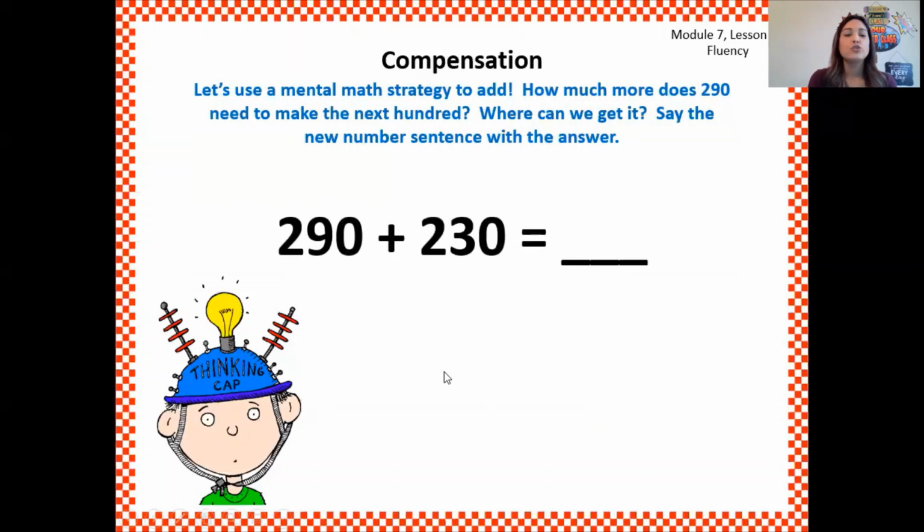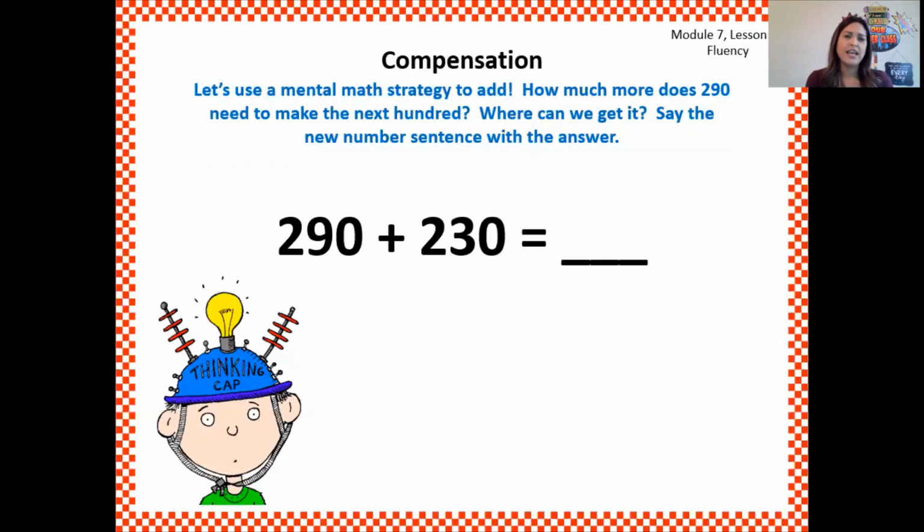Next one, 290 plus 230. Which of these two is closer to getting to the next 100? 290. And how much does 290 need? 10. And where do we get those 10 from? 230. And what does 230 have left if we take 10? 220.